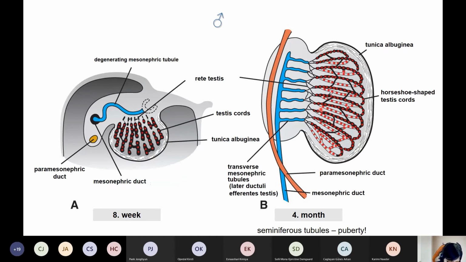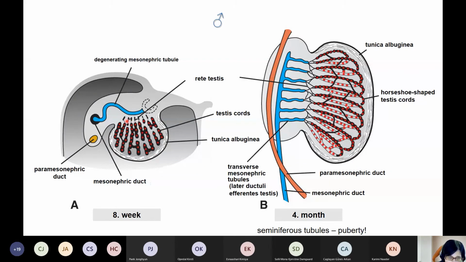In case of the male development, here you can see the developing gonad, and on the surface, originally we've had this coelomic epithelium. The primitive sex cords, which were close to the surface, will get into the depth, so they will migrate deeper, and they will give the testis cords.